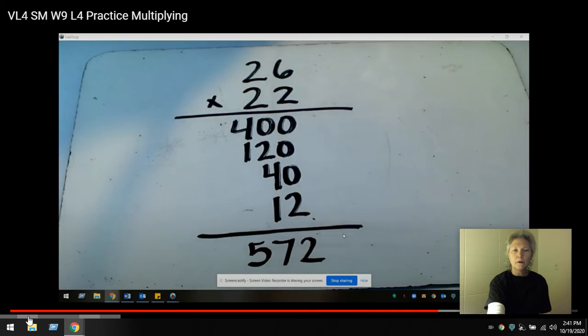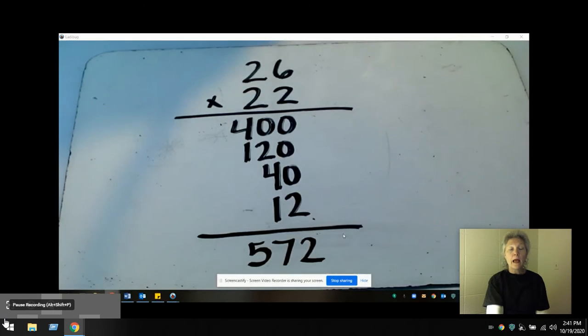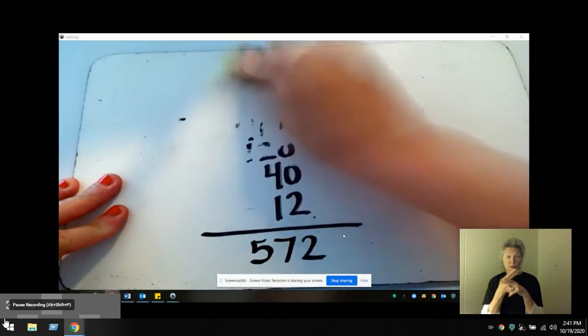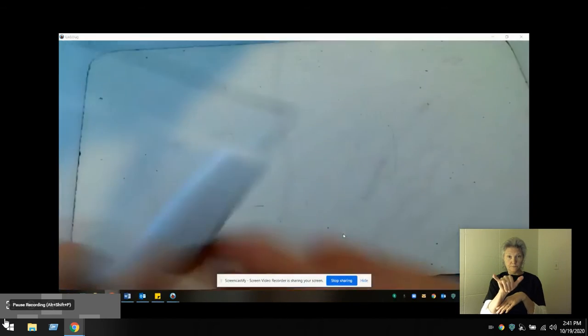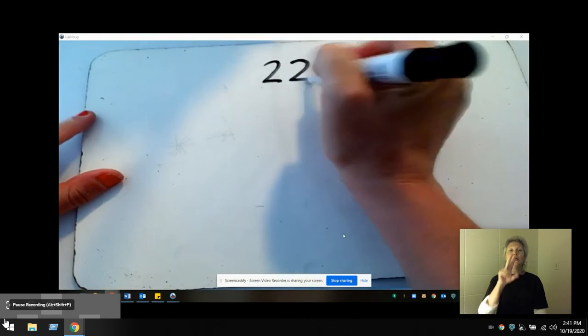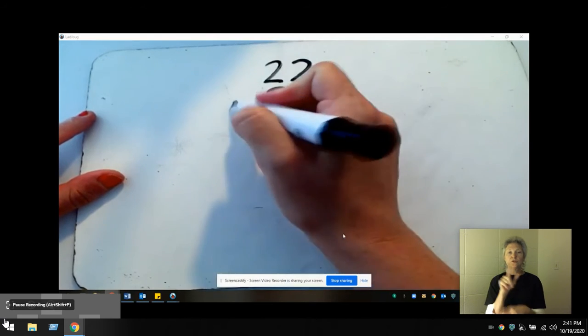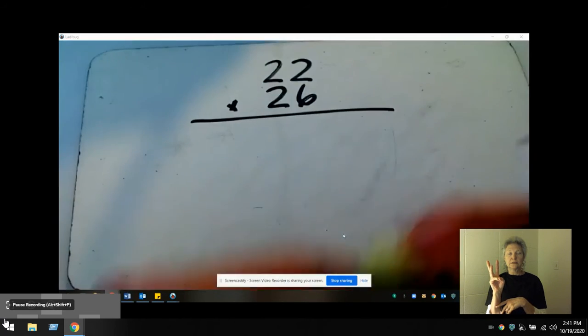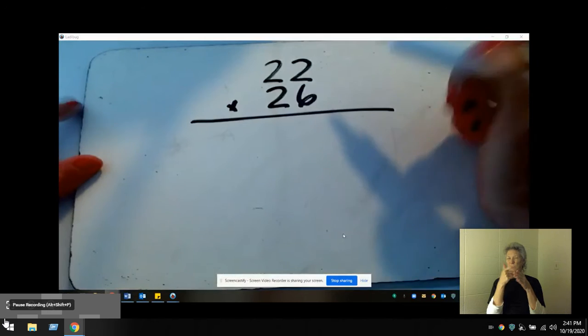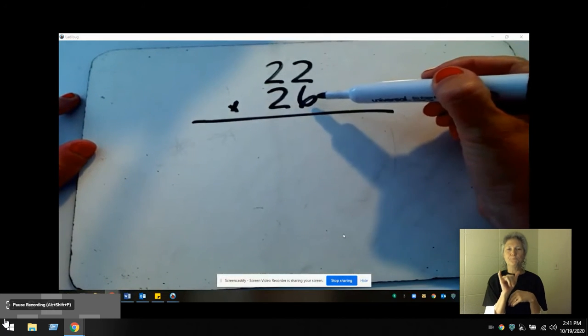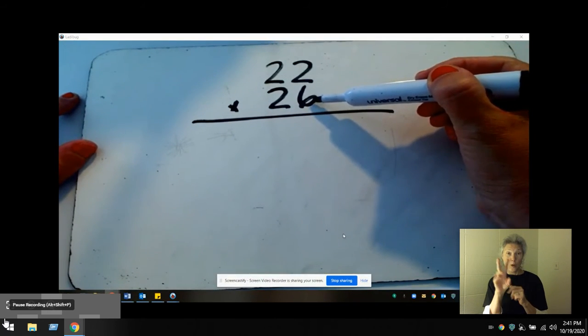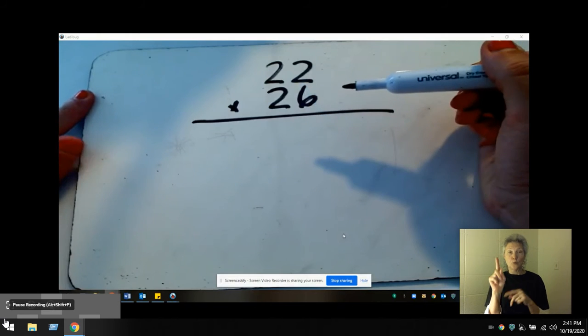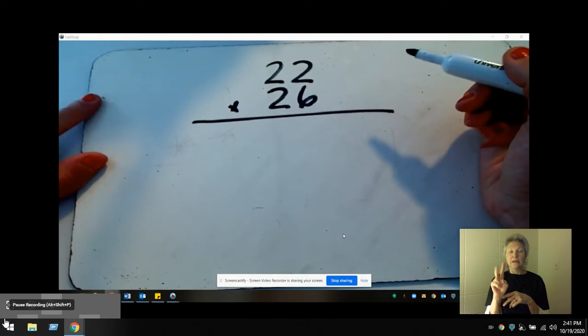So I'm going to look at solving this using our standard algorithm as well. 2 times 26. I think I wrote it the other way before. That's okay. We know it's the same. So I'm going to look at my ones, and I know this is 6 ones times 2 ones. Well, 6 ones times 2 ones are 12 ones.